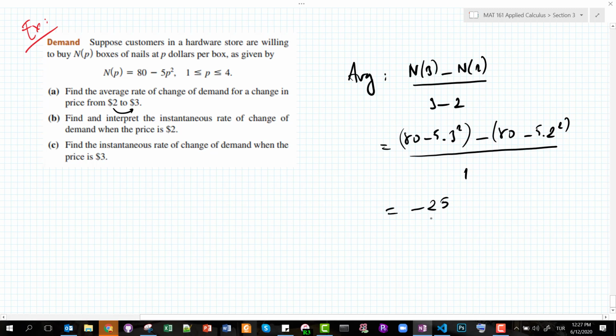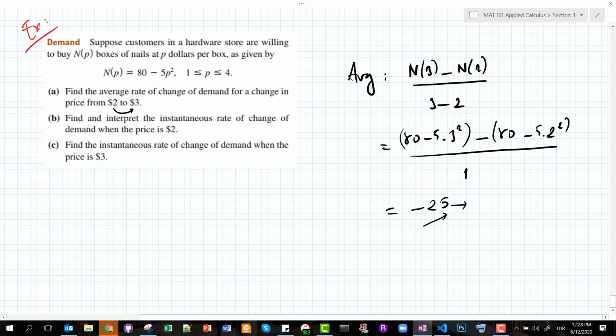What does that mean? This means if you increase the price of your box of nails this much, the average rate of change in what you sell is that you will go down 25 boxes of nails.